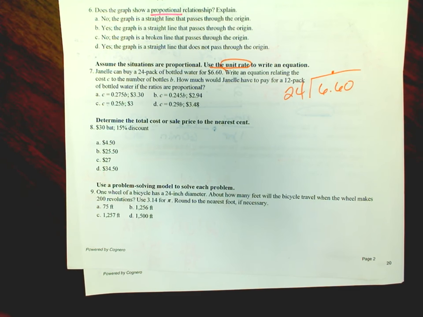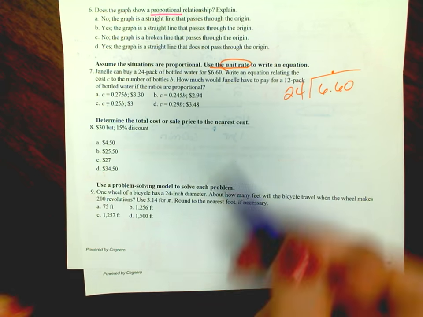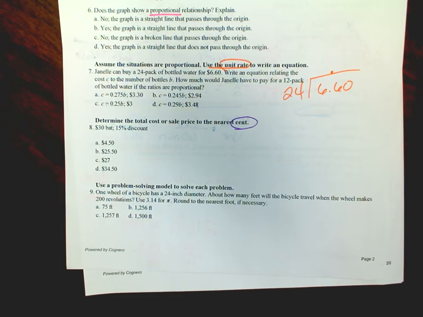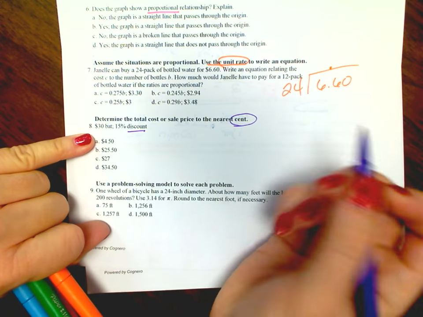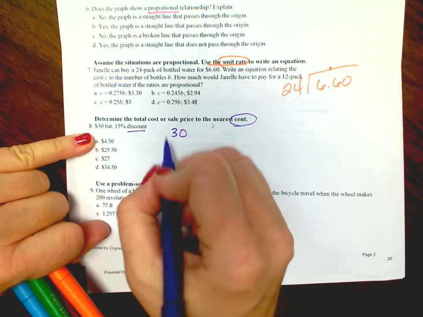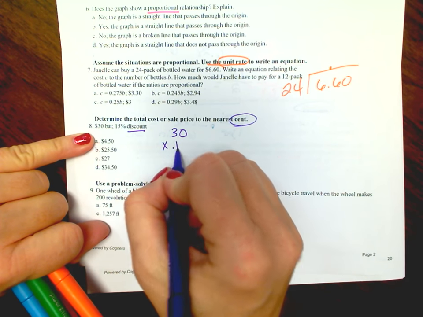Number 8, determine the total cost or sale price to the nearest cent. So nearest cent. A $30 bat is discounted 15%. So discounted. So $30 bat times 15%.